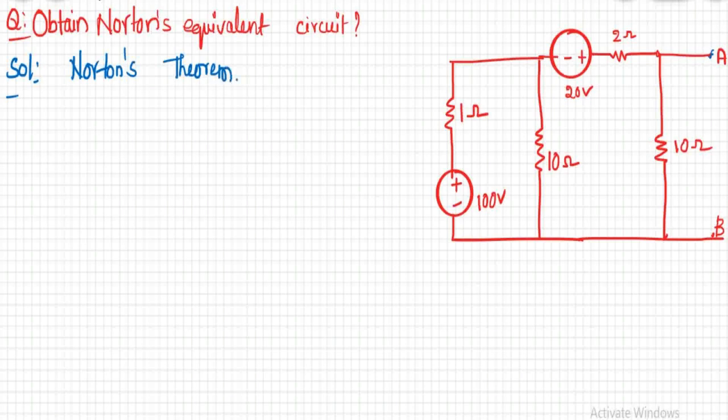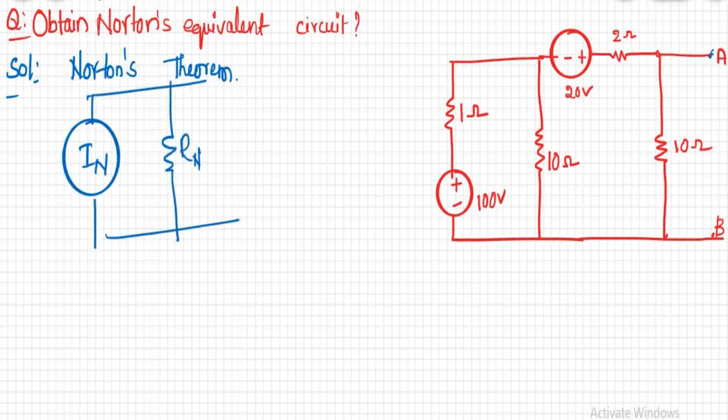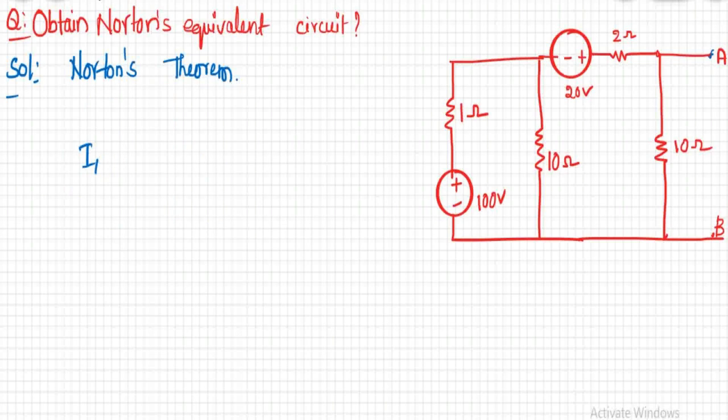So what is Norton's theorem? We are going to replace that circuit with a current source and a resistance in parallel, that is Rn, right? So we need to find IN and Rn here. That is the idea. Let us solve for IN, which is Norton's current.